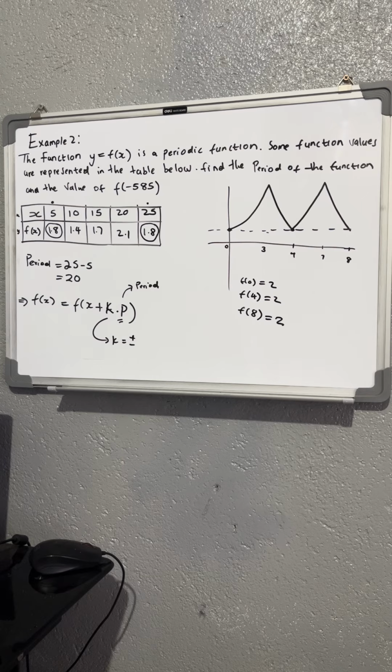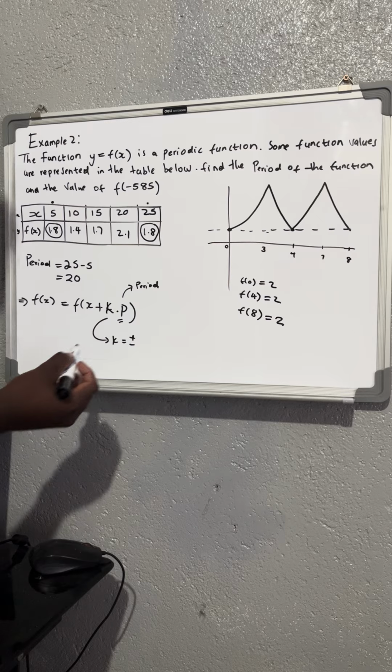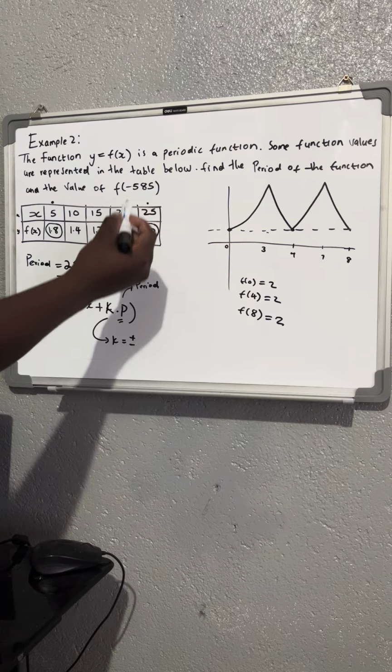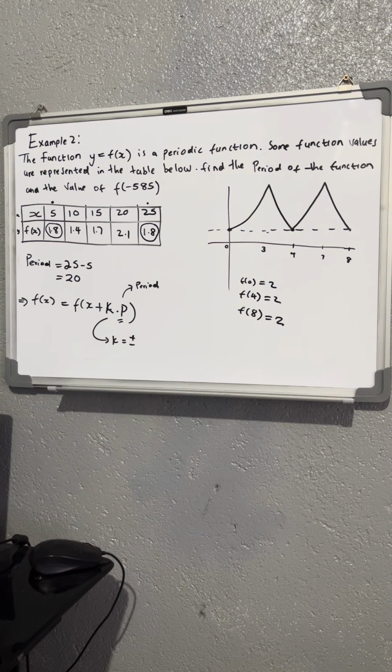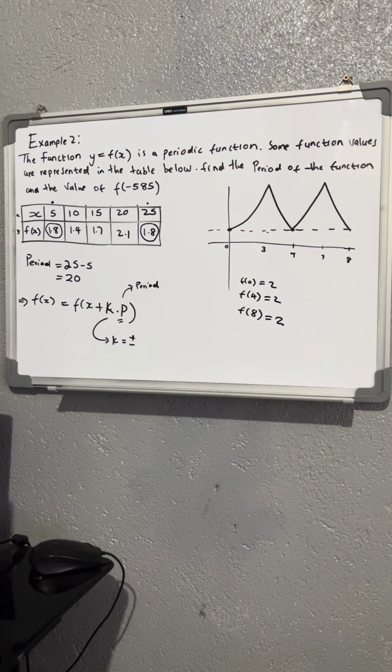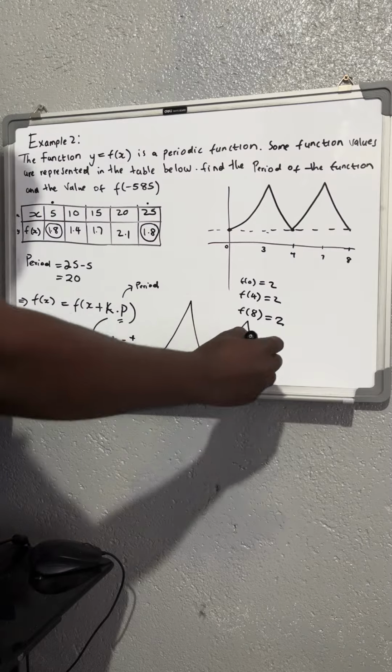So how do we find our k? We find our k by dividing the value that we're going to be given, our f of x, which is going to be this. Then if we divide this value by the period, then we will know how many times our graph jumps.